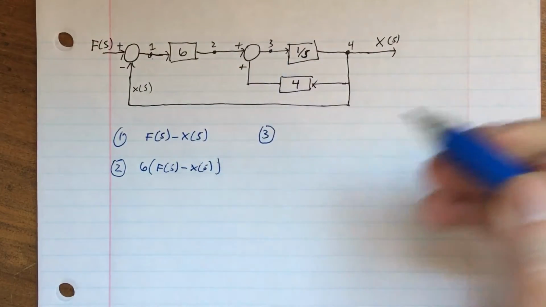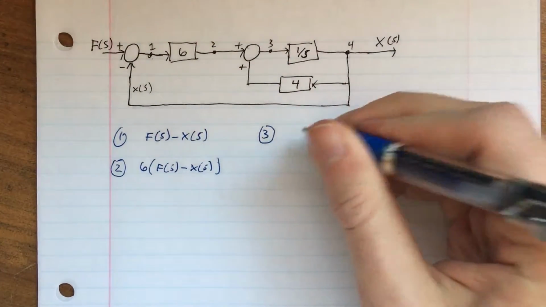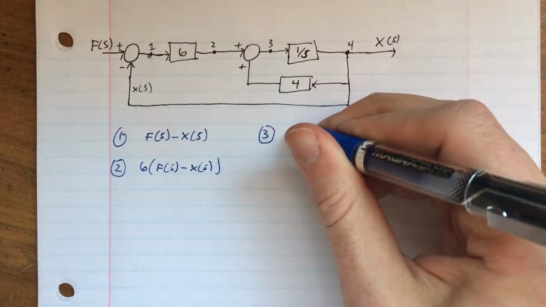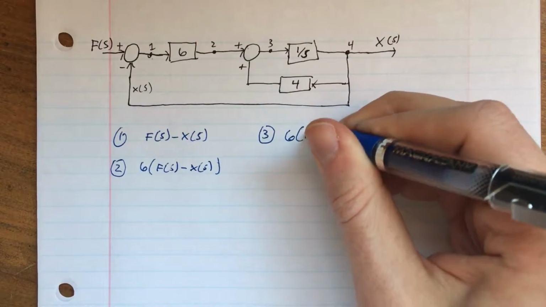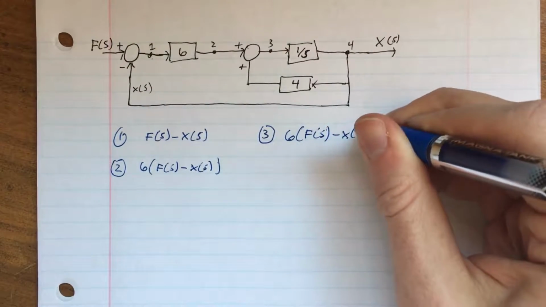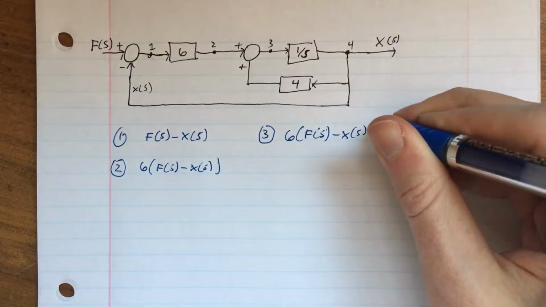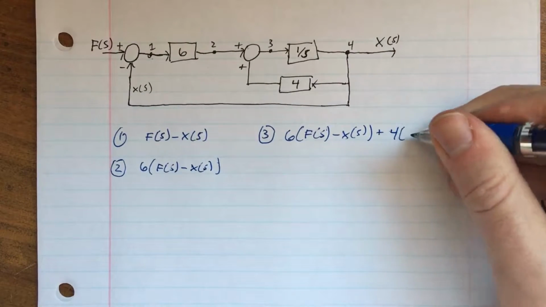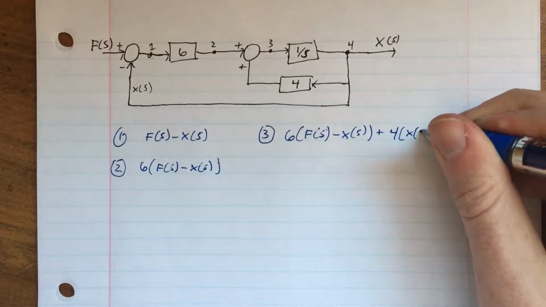That's added to this part here. So at 3 we have 6 times f of s minus x of s, just like before, plus 4 times x of s.